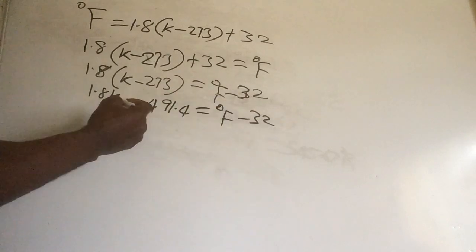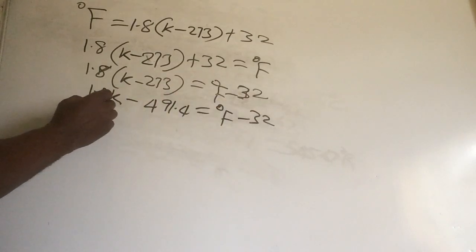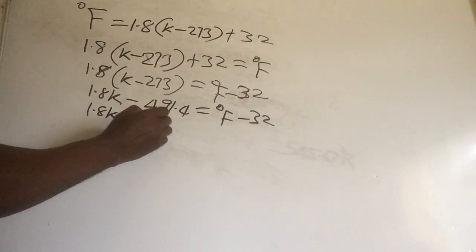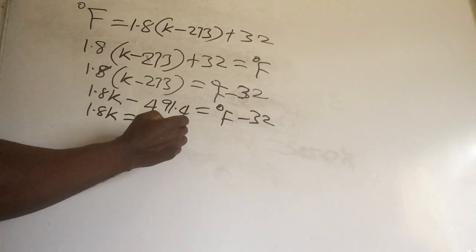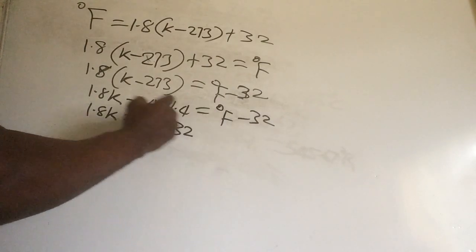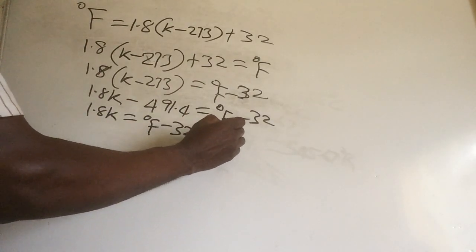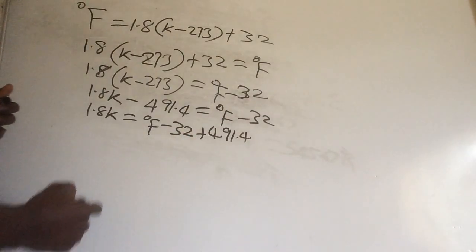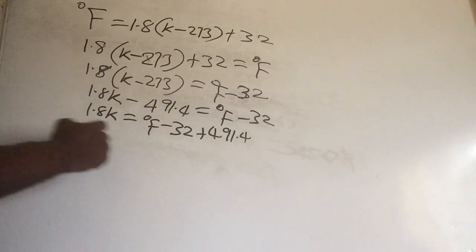Take this one to the other side. We now have 1.8 K equals degree Fahrenheit minus 32 plus 491.4.